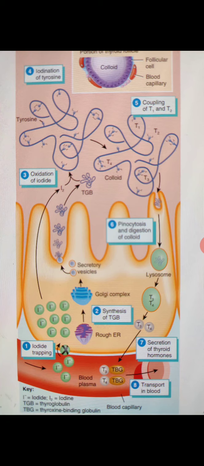Binding of one iodine atom yields monoiodotyrosine, and a second iodination produces diiodotyrosine यानी कि T2. The TGB with attached iodine atoms is a sticky material that accumulates and is stored in the lumen of the thyroid follicle, termed colloid.